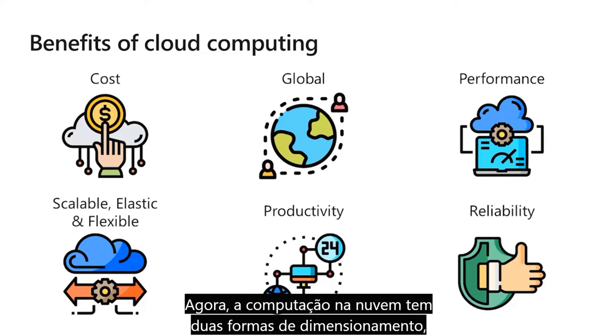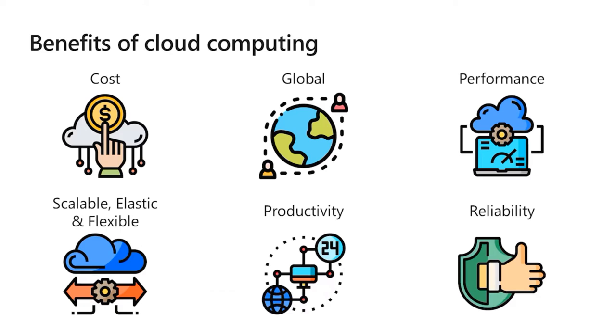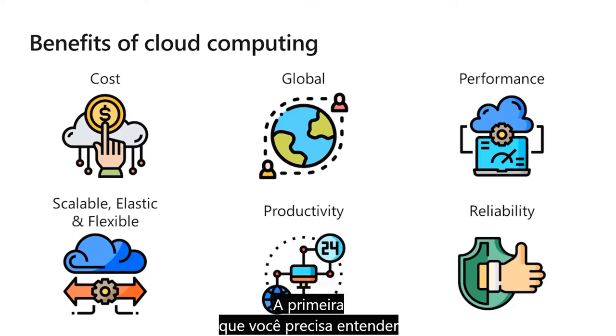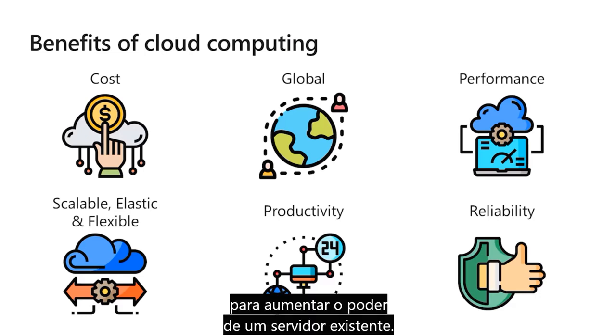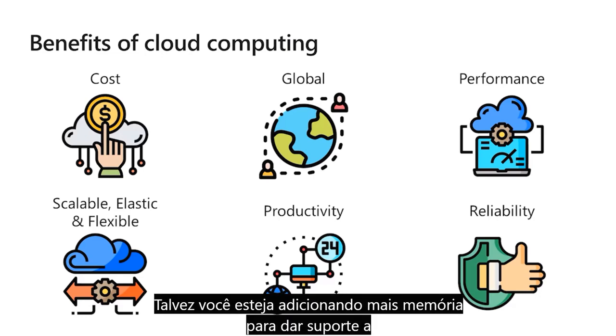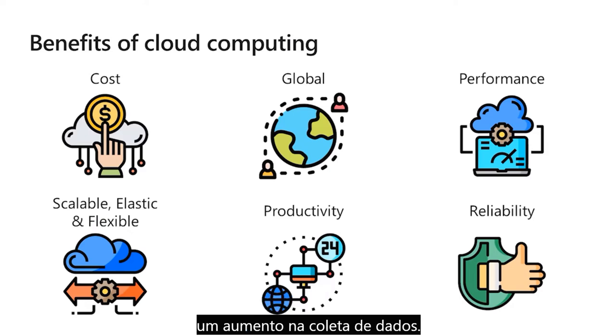Now, cloud computing has 2 forms of scaling, and it just depends on your needs. So the first one that you need to understand is vertical scaling. And this is also known as scaling up. And essentially what this means is that you're adding resources to increase power of an existing server. So maybe you're adding more memory to support an increase in data collection.